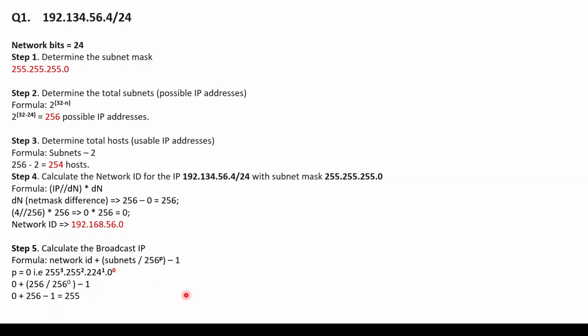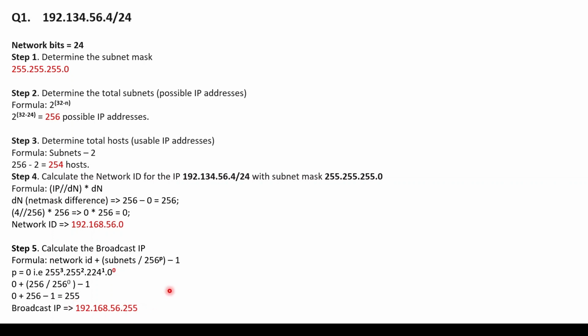What that amounts to is 0 plus 256 minus 1, which gives us 255. So the broadcast IP, when we substitute that into the range, is 192.168.56.255. This is the last IP address in this range.